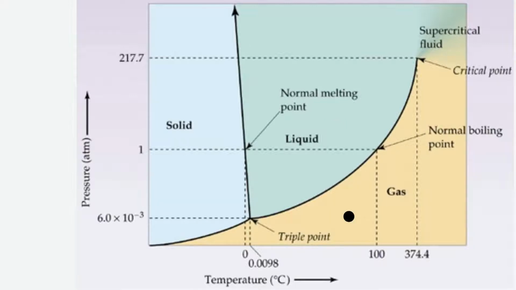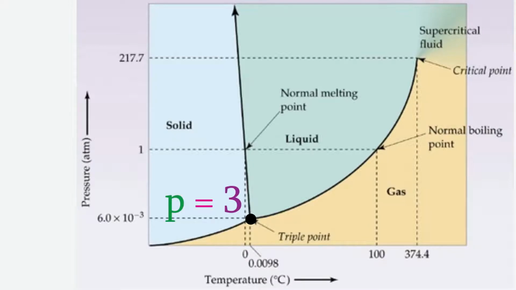The system is a solid, liquid, or gas, and that's all, so P equals 1. If the temperature or pressure are such that the system is located along one of the boundary lines, there will be two phases present, so P will be equal to 2. For example, at this point, both the solid and liquid phases will be in equilibrium. And there's one point, the triple point over here, where all three phases will be in equilibrium, so P will be equal to 3.